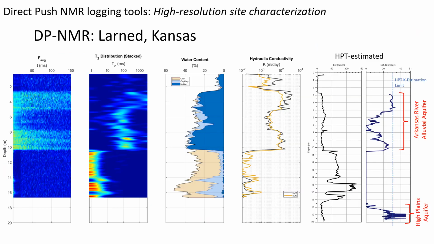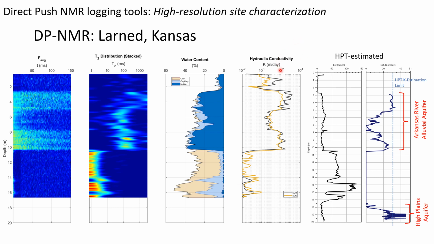So here is another example of the direct push NMR used for high-resolution site characterization, and in this case it was used in Larned, Kansas to characterize aquifers on that site. And you can see that actually the NMR could differentiate between gravels and coarse sand very nicely in this case, and also could define that very low permeable zone with a lot of clay between 10.5 to 16.5 meters.